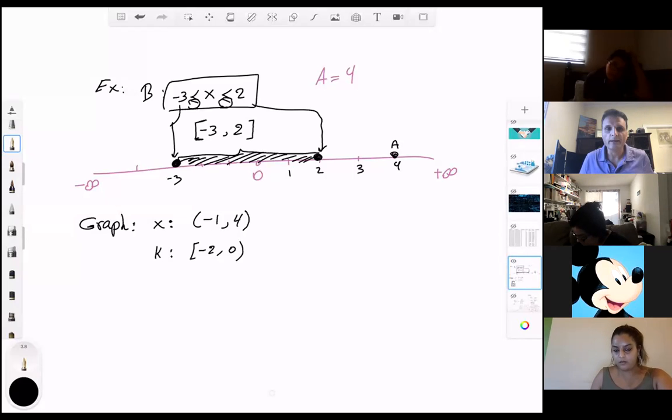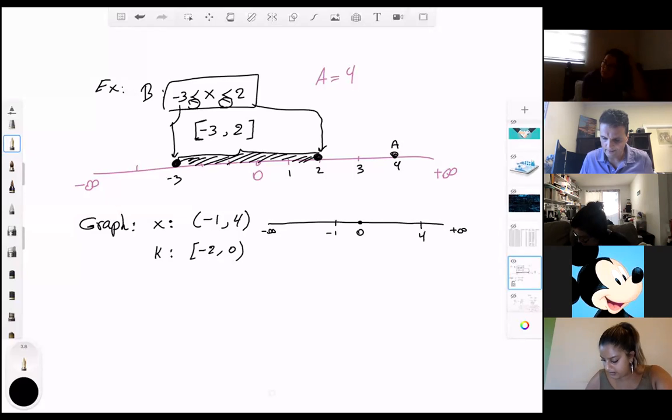So I want you to graph each one. So we are dealing with a number line. This is negative infinity, positive infinity. That's 0. Negative 1 here, for example, 4 is there.